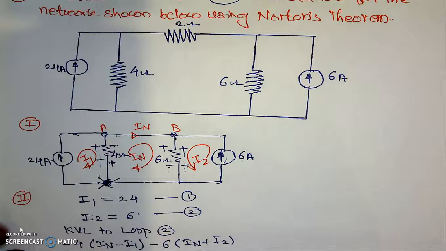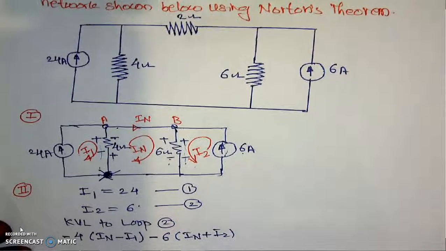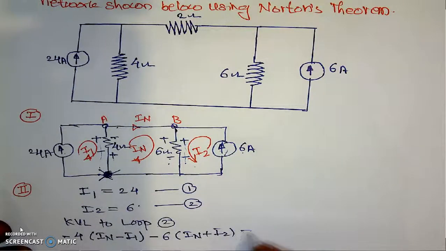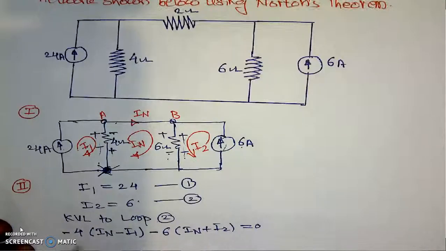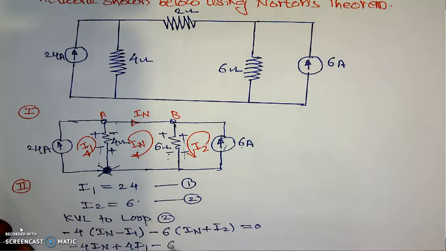That's why its value will be IN plus I2, which are both downward. And then there is no element in the circuit, which is equal to 0. This is minus 4 into IN, minus of minus 4 into I1. Then it is minus 6 IN. Then minus, it is 6 into I2, which is equal to 0.